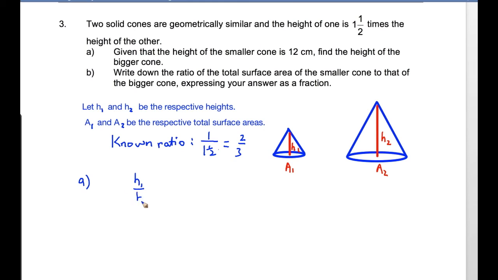The ratio of these two heights equals the known ratio. Since the height of the smaller cone is 12, the required height is 18 cm.